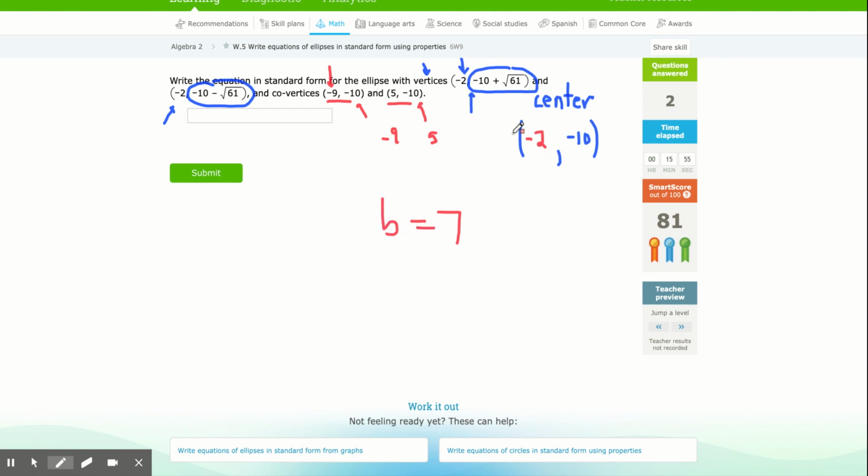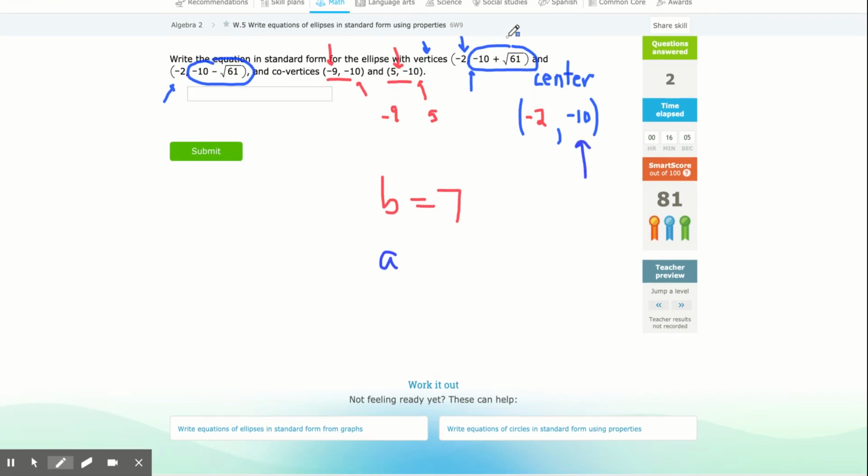And then my a value, which is going from negative 10 out to negative 10 plus the square root of 61, or negative 10 minus the square root of 61. Well, that means my a value is the square root of 61. That's what I added and subtracted from the center.